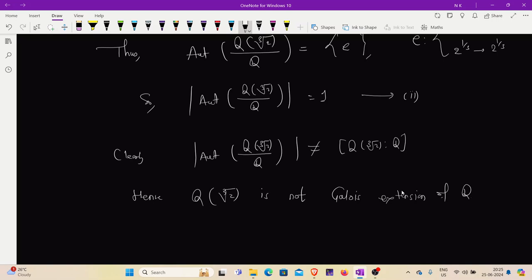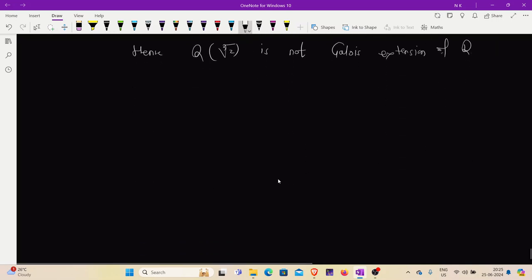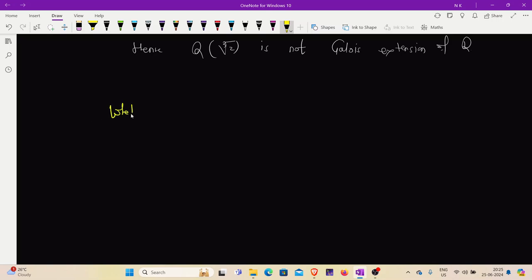Fine. So here we stop. In the next part of this lecture, we will identify the following facts. We will try to answer the questions whether a Galois extension of a Galois extension is Galois. We will answer this question in the next lecture.